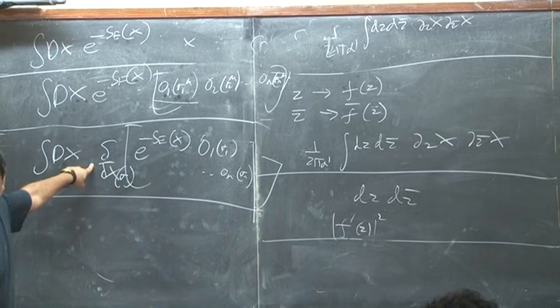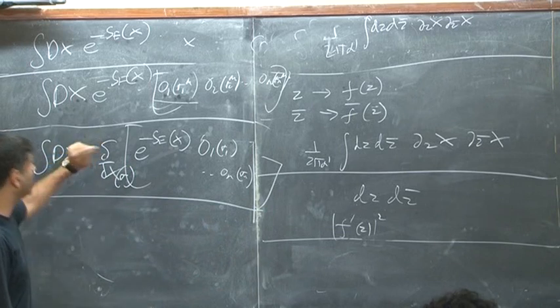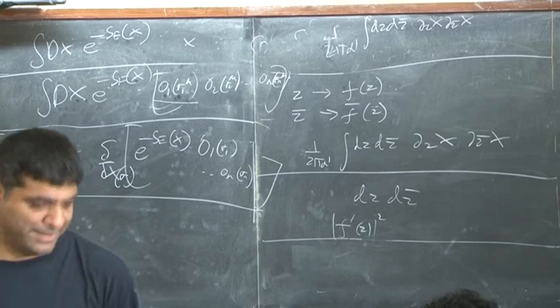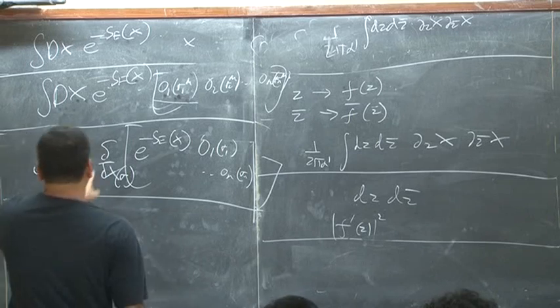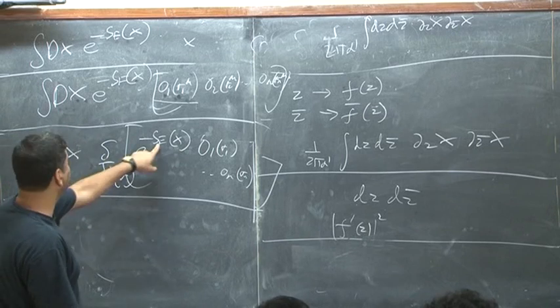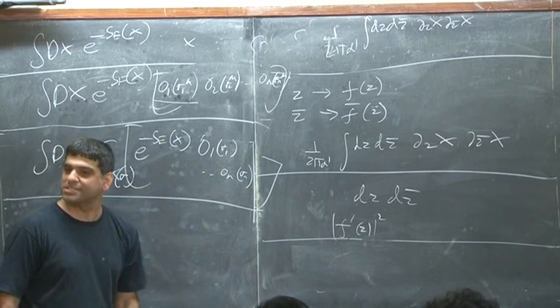So this manipulation, the fact that the integral of a total derivative is 0, we can now use to get some information. This total derivative acts on either the action or the insertions.